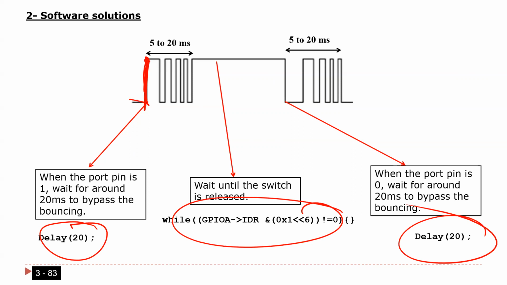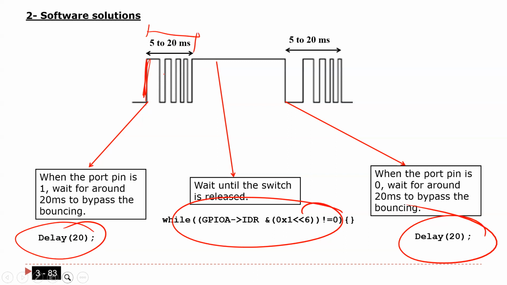Okay? So as you see here, once I find it is high, I'm going to make a delay of 20 milliseconds to just bypass this period of time. You can try different numbers here, but it shouldn't be more than 20 milliseconds, which should be more than enough anyway. So number 1, once I find the pin is 5 volts, I'm going to wait 20 milliseconds to bypass this period.